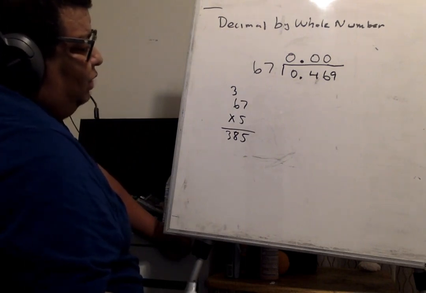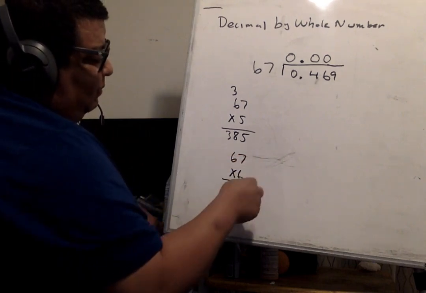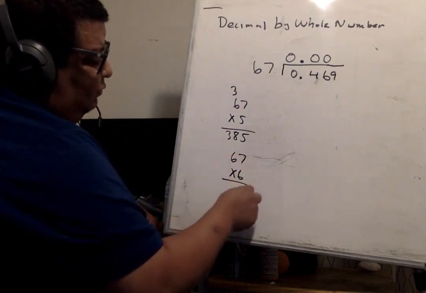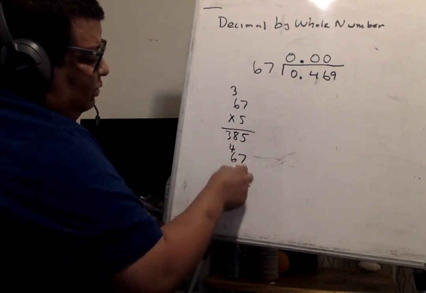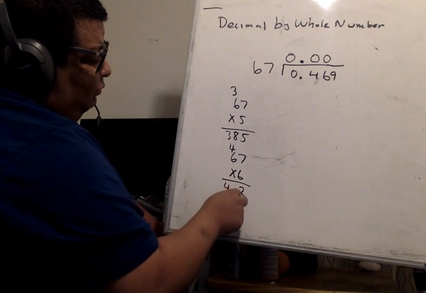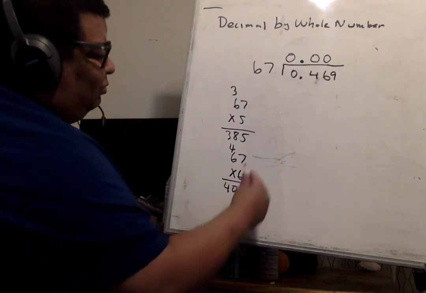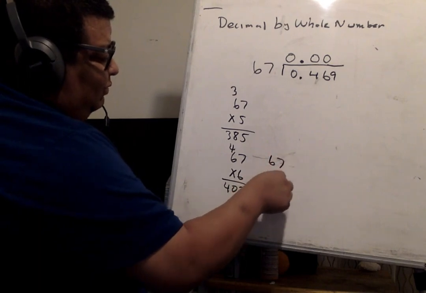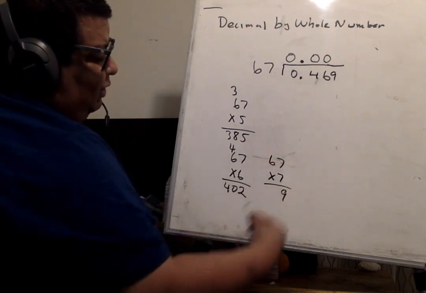We might be able to stick another one, so let's see, 67 times 6, 7 times 6, 42, carry 4, 6 times 6, 36 plus 4, 402. We might be able to carry another one. 67 times 7. 7 times 7, 49.